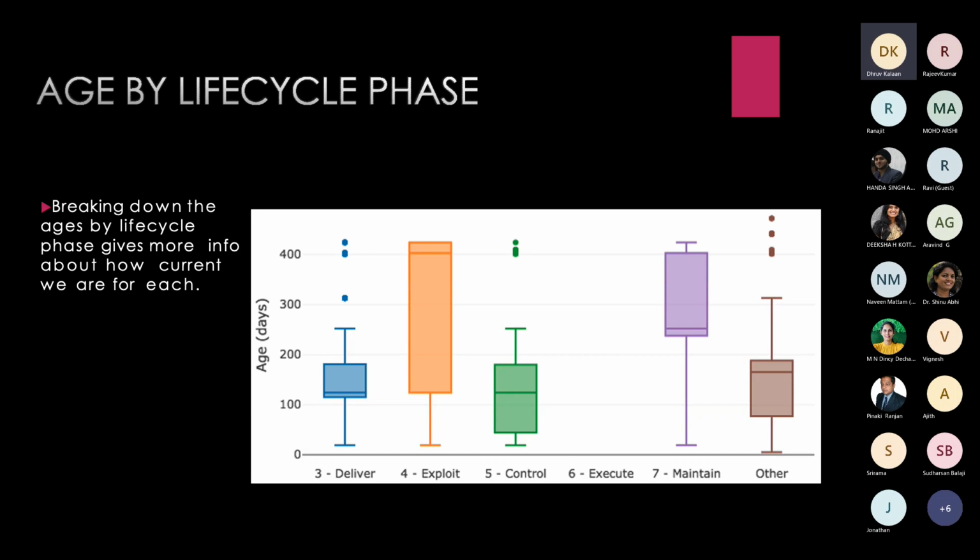Similarly, you now know which area you need to go collect more information about. Number one, I don't have any execution information, so that is one thing I would concentrate on. My exploit information might be very old or somewhere near the median as well, so that is okay. But how people are maintaining access is plus 250 days, which is extremely old for us. So I might want to go gather more and more data in this phase.